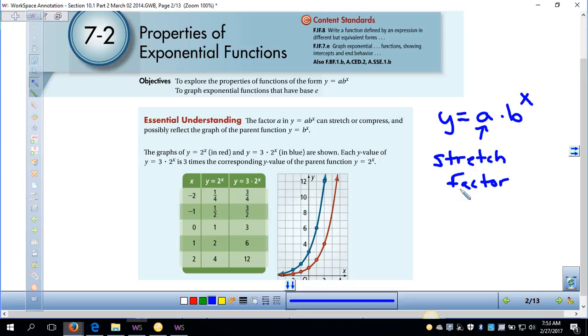Okay? And if we have a negative in front of that a, we talked about this last class, what will that do? Flip. So a negative out in front of a reflects it over the x-axis.